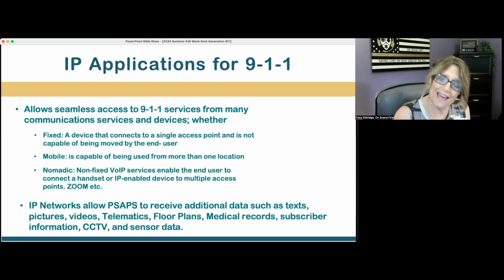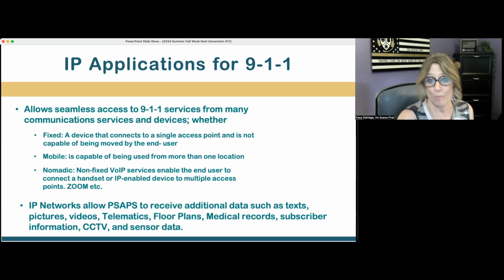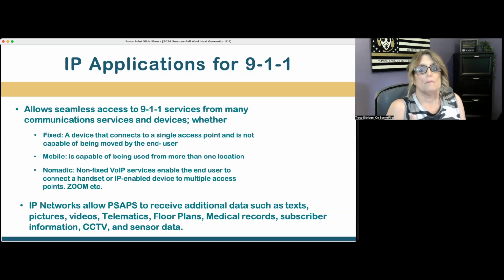And then nomadic. Nomadic is new to many of us. It is a non-fixed VoIP service, enabling the end user to connect a handset or IP-enabled device to multiple access points: Zoom, Skype, WhatsApp, maybe even like Facebook Messenger down the line.